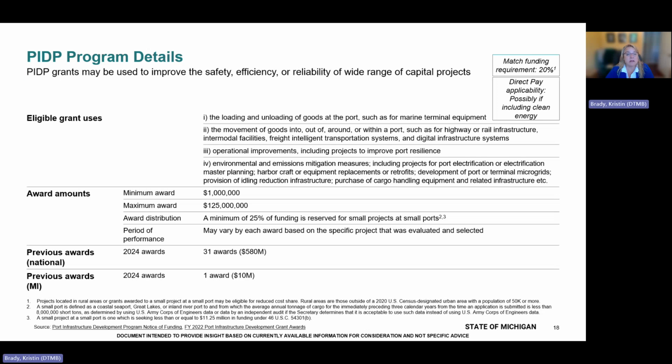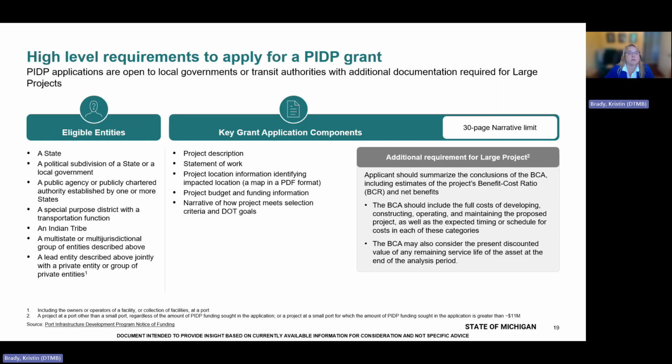In the past, in 2024, 31 awards were made for 580 million. And one of those was in Michigan. Okay, high level requirements, eligible entities, again, on the left there, states, subdivisions of a state.